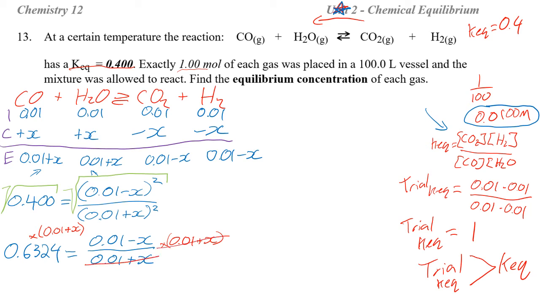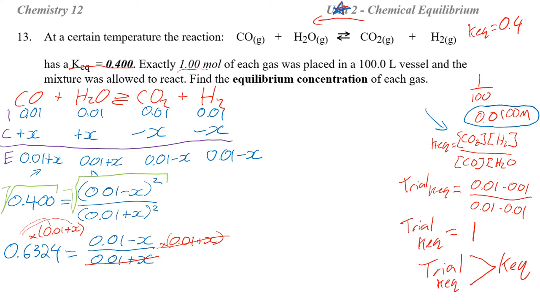I gotta do some math on this one. So if we can remember our FOIL or all that kind of stuff from math 9 and 10 or something, but we times these like that. First one, I'm going to go 0.6324 times 0.01. So you can just move the decimal place over a couple of times right there.